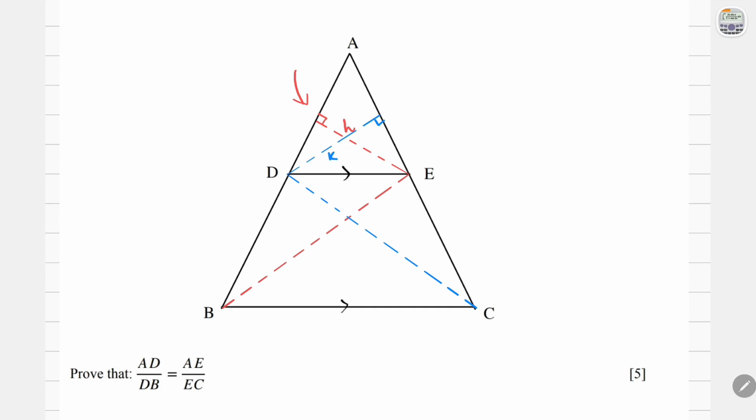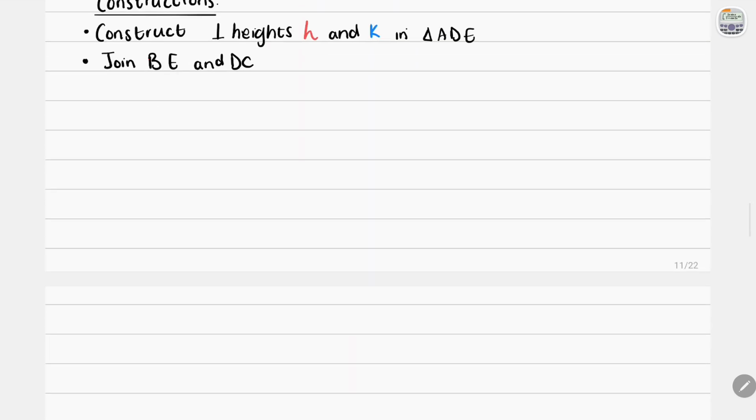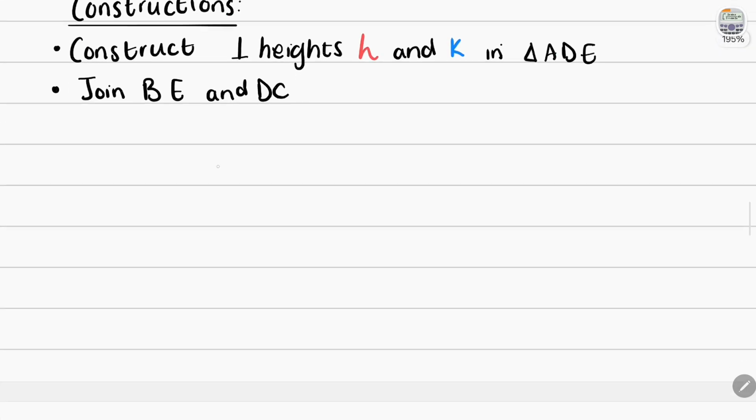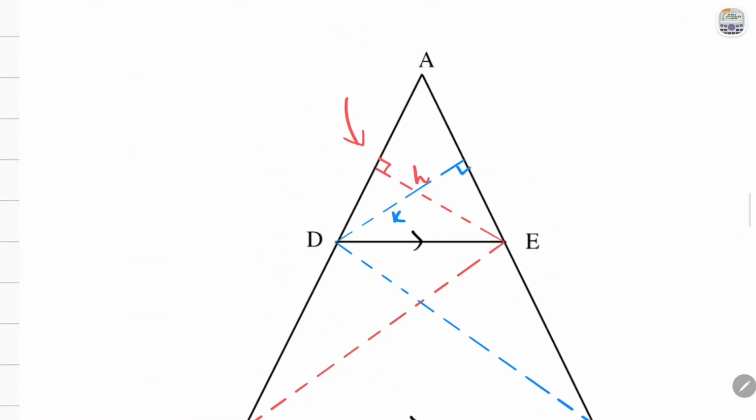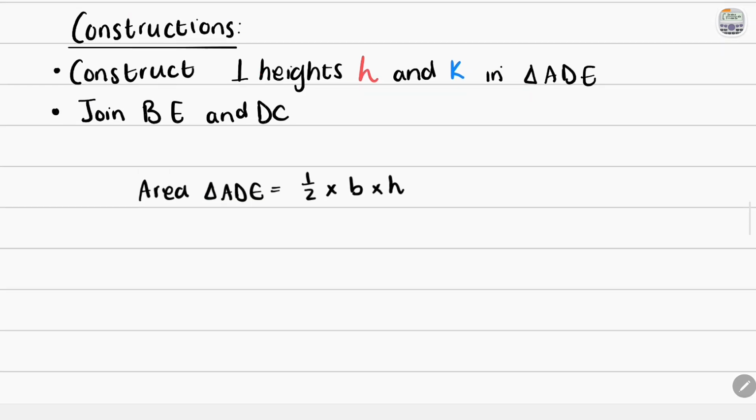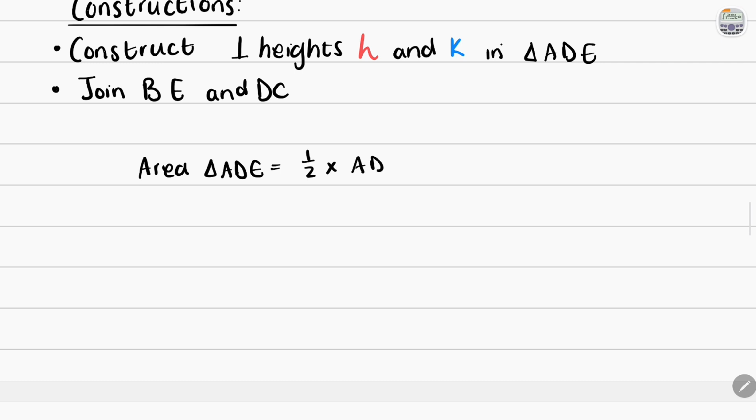The area of triangle ADE is equal to a half multiplied by the base multiplied by the height. The base is AD, and the perpendicular height is H, so it is a half multiplied by AD multiplied by H.